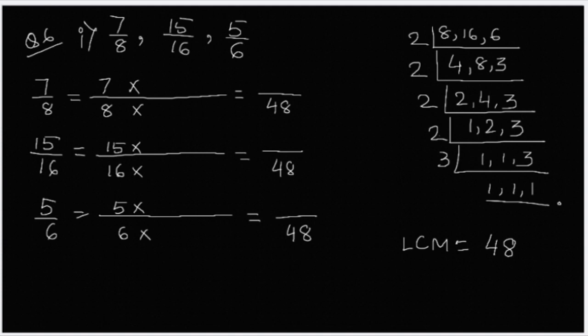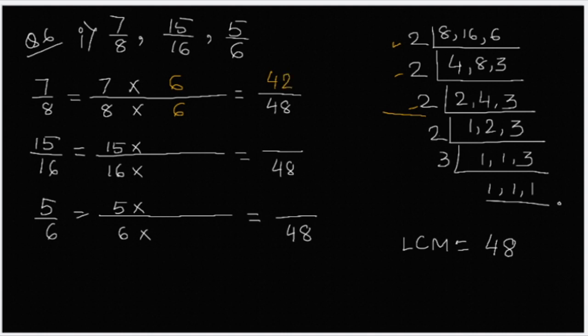Now let's find out. 8 into what is 48? 2 4s are 8, 8 6s are 48. So 8 is done here, so you're left with 6. So here also it will be 6. So that will be 42.